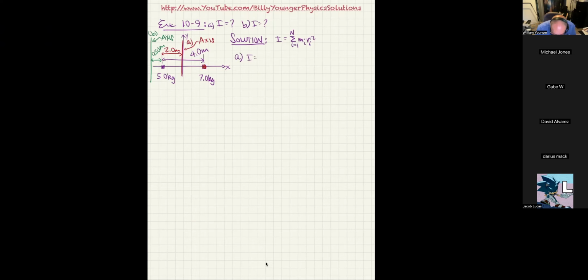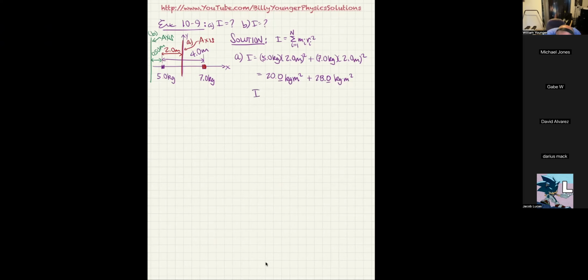So we start with part A, and I is equal to 5.0 kilograms times 2.0 meters squared plus 7.0 kilograms times 2.0 meters squared. In this case, we get 20.0 kilogram meters squared plus 28.0 kilogram meters squared.